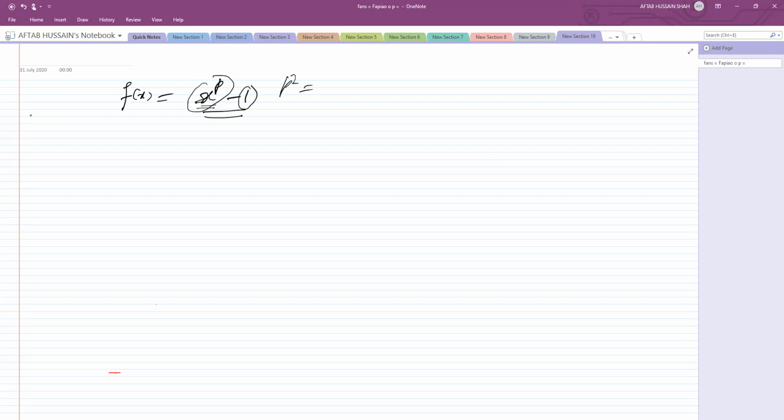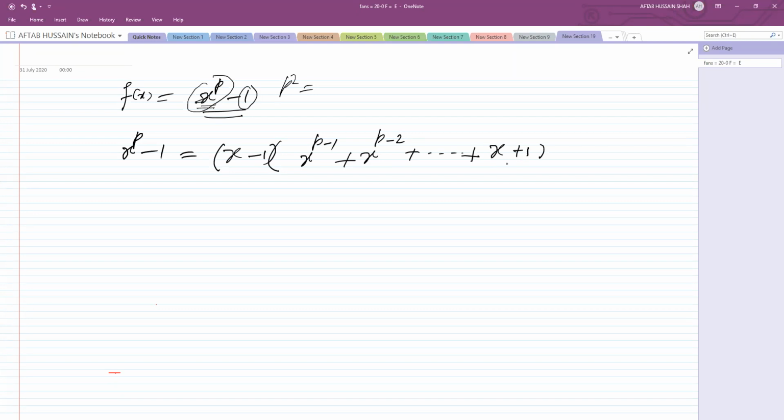But what you do here is you apply this trick. You write x^p - 1 as (x - 1) times (x^{p-1} + x^{p-2} + ... + x + 1).